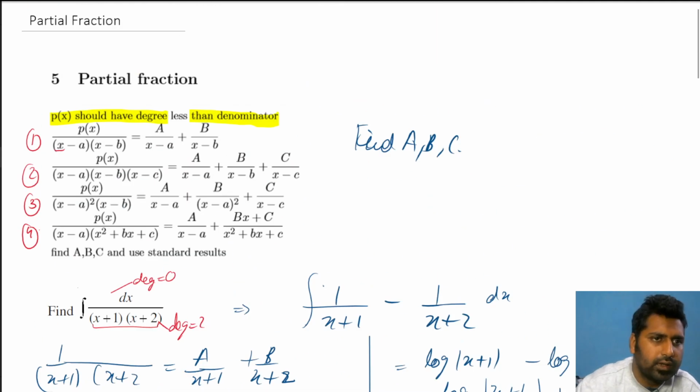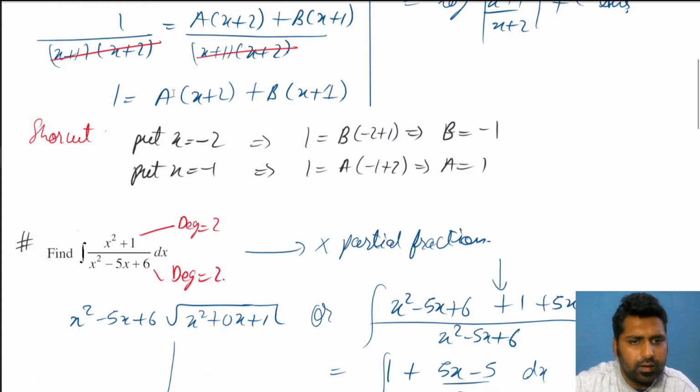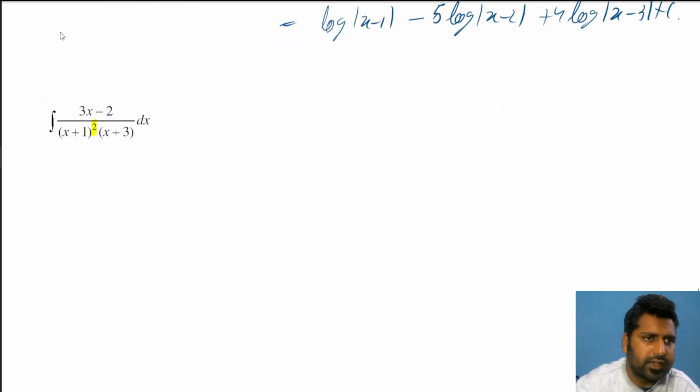So this is the third form, whenever x minus a whole square is there. You write this as A upon x minus a, B upon x minus a whole square, which means both terms will be written, x minus a as well as x minus a whole square, and C upon x minus c. So the partial fraction form, you have to learn only the form: it will be A upon x plus 1, plus B upon x plus 1 whole square.